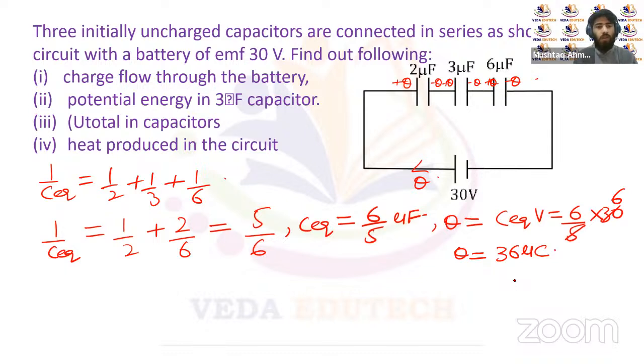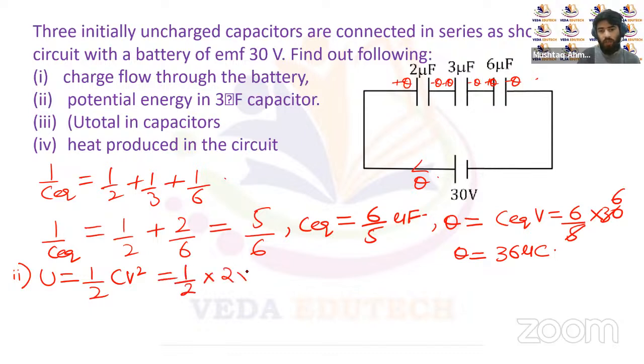Next, the potential energy in the 3 microfarad capacitor. The potential energy U will be equal to half CV squared, and the capacitance of this capacitor is 3 microfarad.